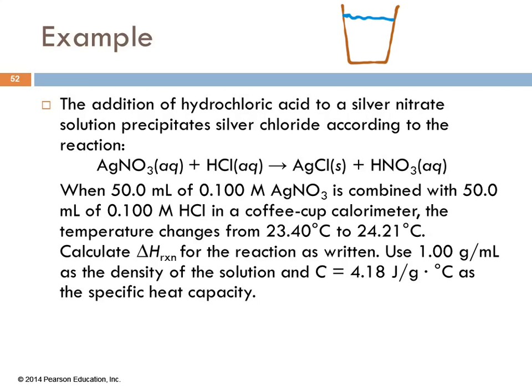And we measured the temperature change for the water, delta T for the water is going to be the final minus the initial temperature, right? 24.21 minus 23.40. So the change in temperature is 0.81 degrees Celsius.